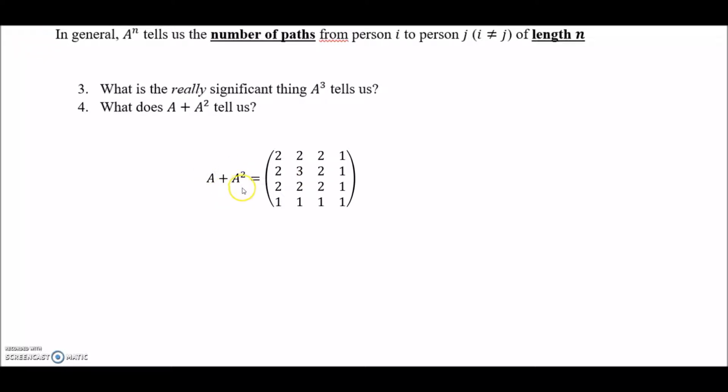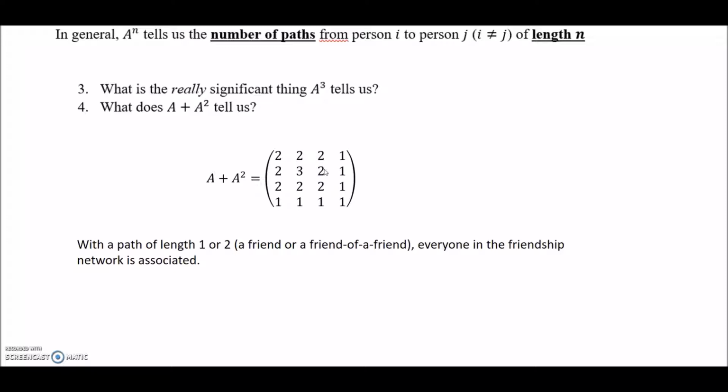Since A tells us who's friends with whom, and A squared tells us who can be reached from what other person by a path of length 2, we see that everybody in the network is connected within a path of length 1 or 2.